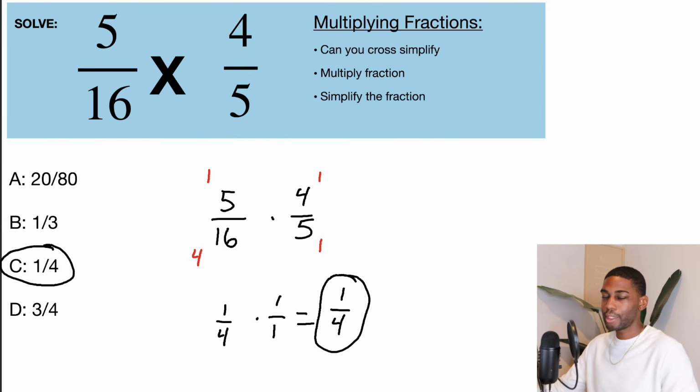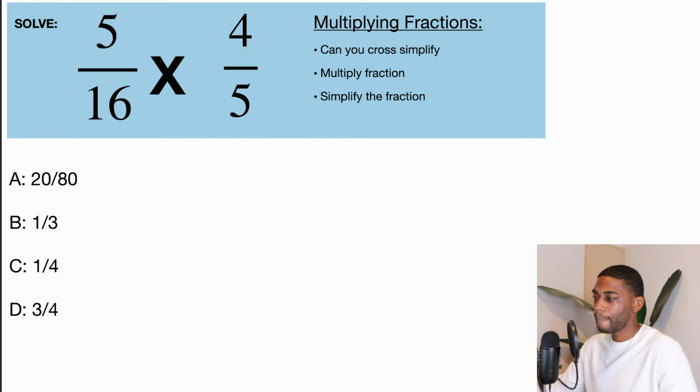Okay, you notice how we didn't even have to necessarily simplify at the end, and multiplying 1 times 1 and 4 times 1 is so easy. If we cross simplify, it's so easy. Let's go ahead and see what it would look like if we didn't cross simplify. So we have 5 over 16 times 4 over 5.